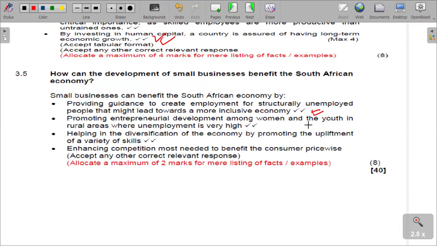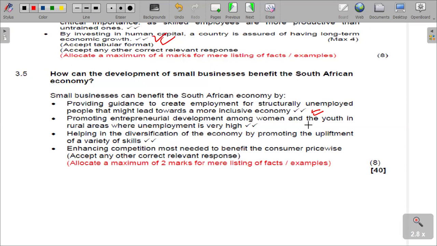Promoting entrepreneurial skills among women and the youth in the rural areas where unemployment is very high. Therefore, we are talking about entrepreneurial development. It's another advantage brought by the development of small businesses, where we can talk about hairdressing, carpentry, pottery, dressmaking or whatsoever.